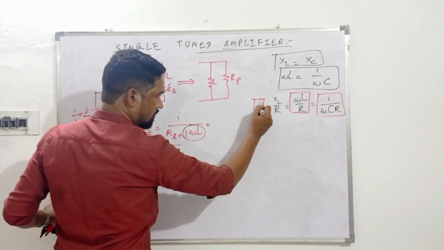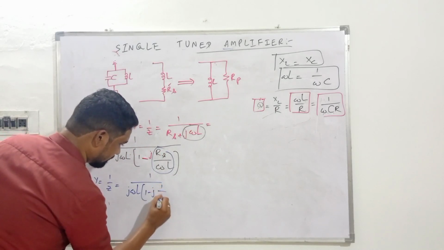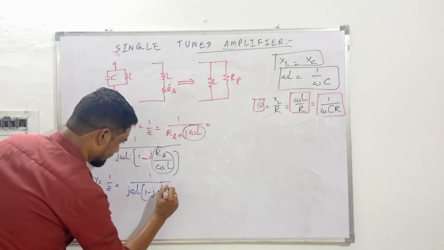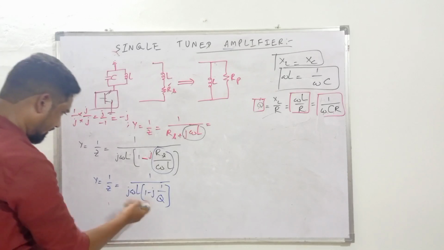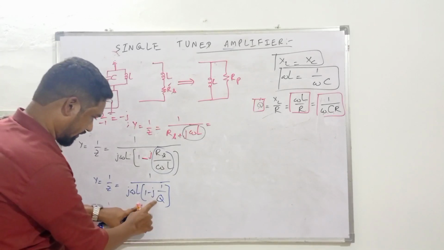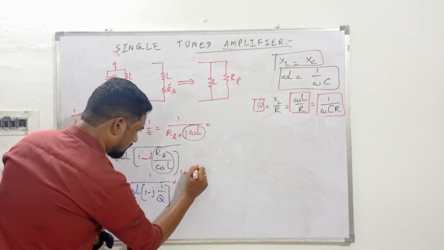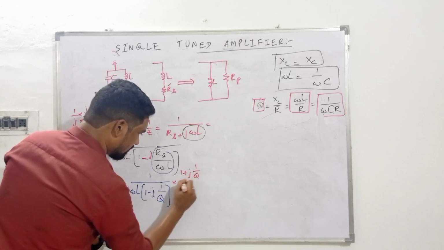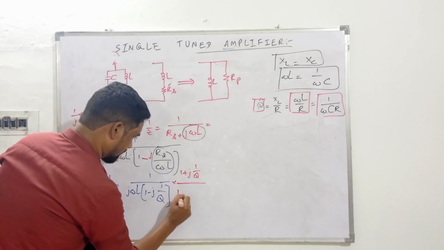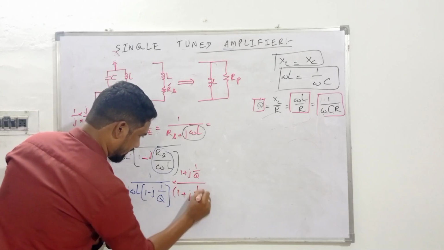Omega L by R equals Q, so R by omega L is 1 upon Q. Now there is a need to rationalize this complex term, multiplying by 1 plus j 1 upon Q, in the denominator too.